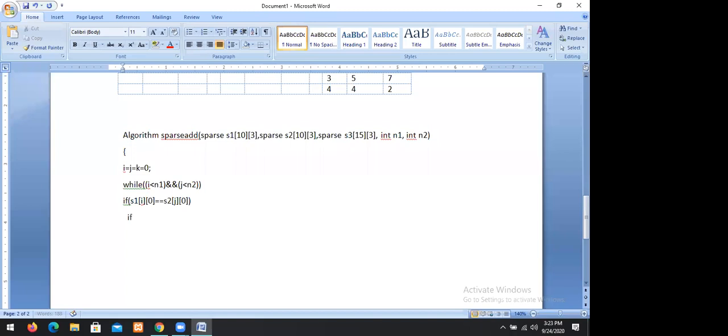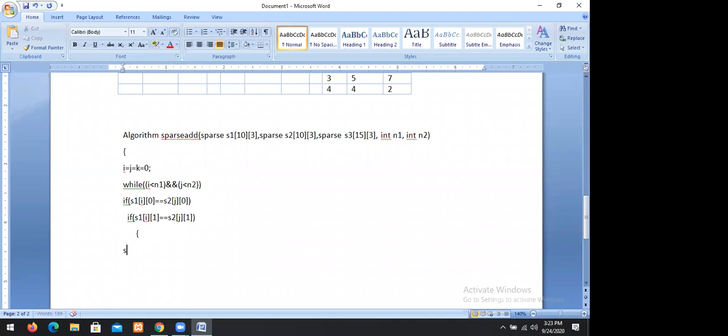Then compare the columns. If S1 of ith row first column is equal to S2 of jth row first column, when rows and columns are equal, then we can add the result to the resultant matrix.